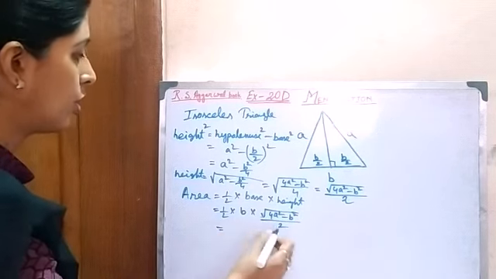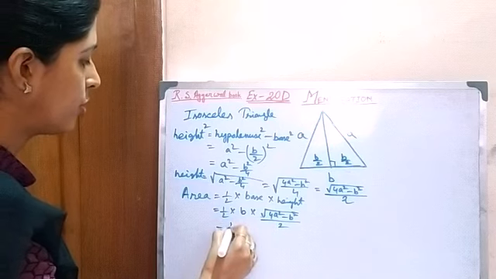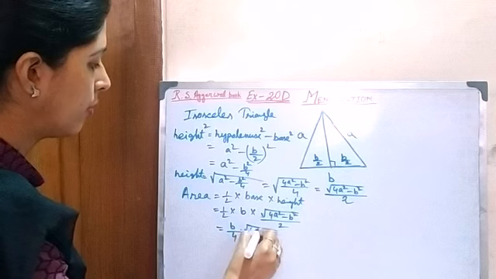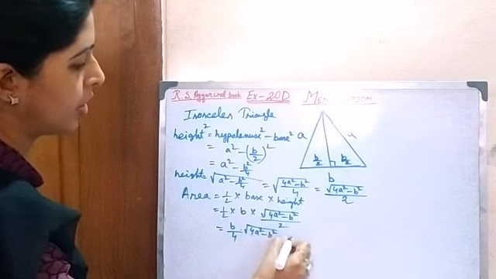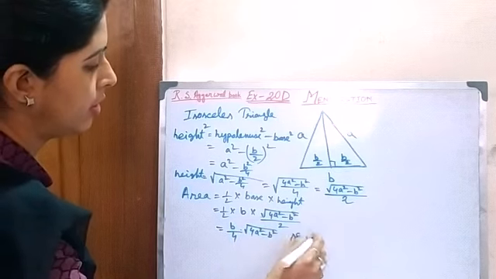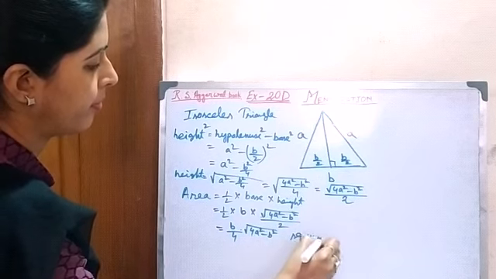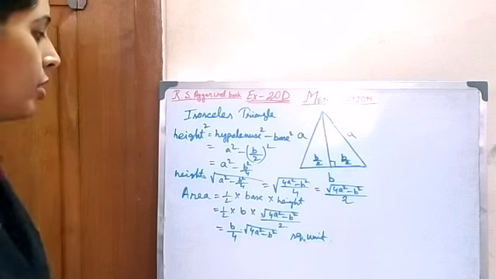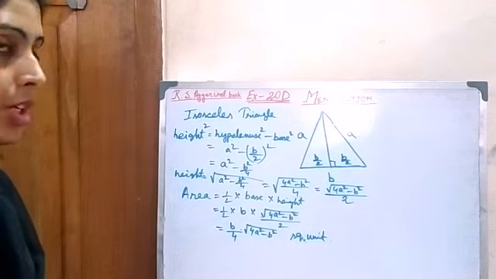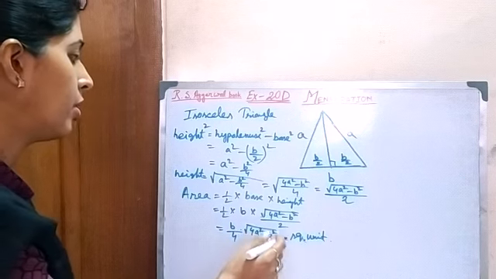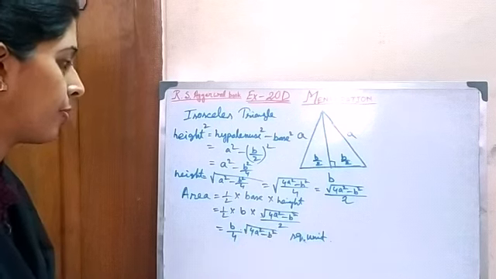That means 2 2s are 4, so b by 4 into root over 4a square minus b square. This is the area of the isosceles triangle, square unit. Area's unit is square unit.